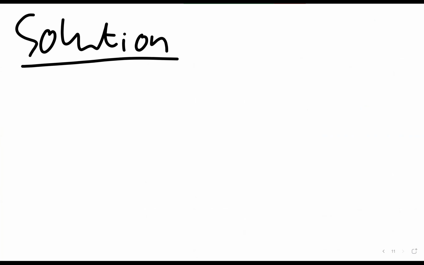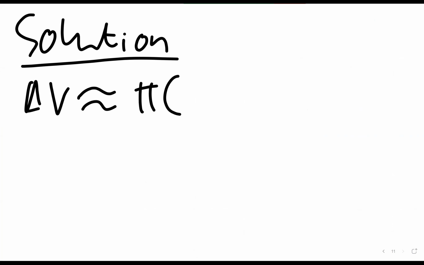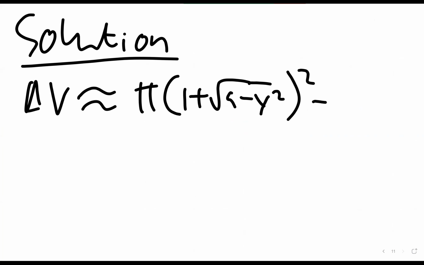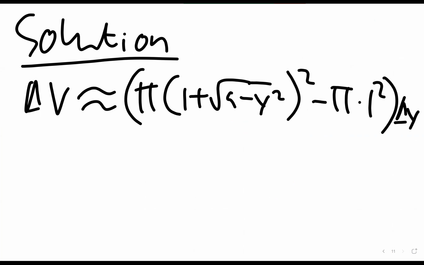Okay, so I'll just write the delta V. So delta V is pi times (1 plus square root of 4 minus y squared) squared, minus pi times 1 squared, all of this multiplied by delta y.